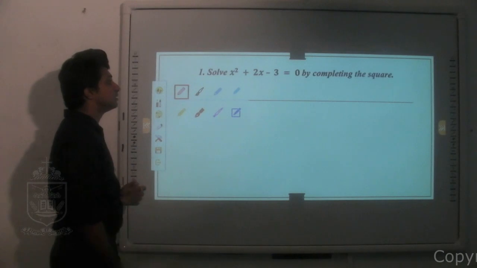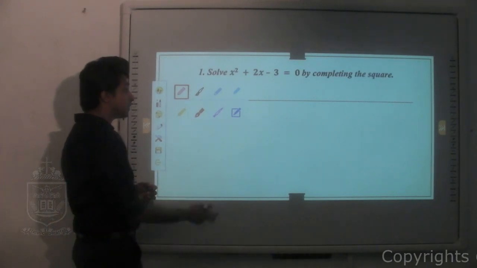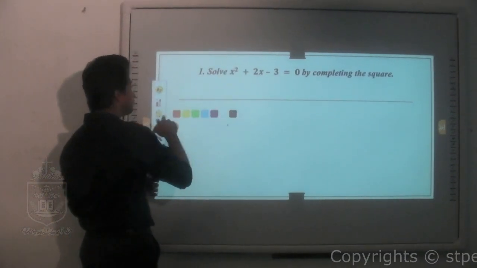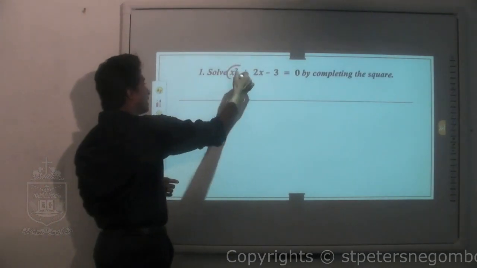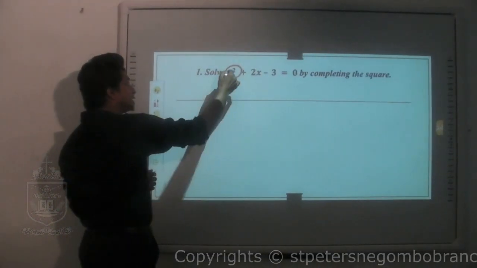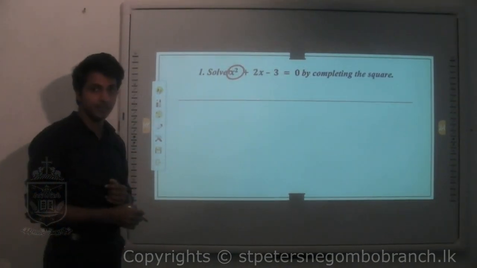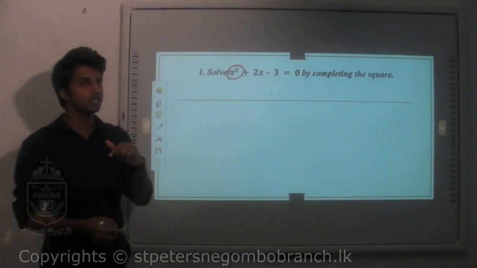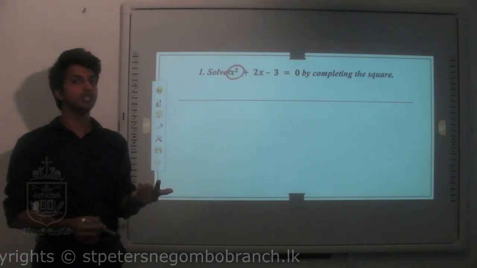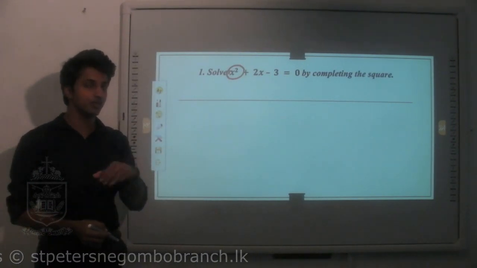When using the completing the squares method, the very first thing that you have to check is whether the x squared value is alone. That means whether the coefficient is 1. If you have a different number in front of x squared, before using the completing the squares method, we need to do another step.